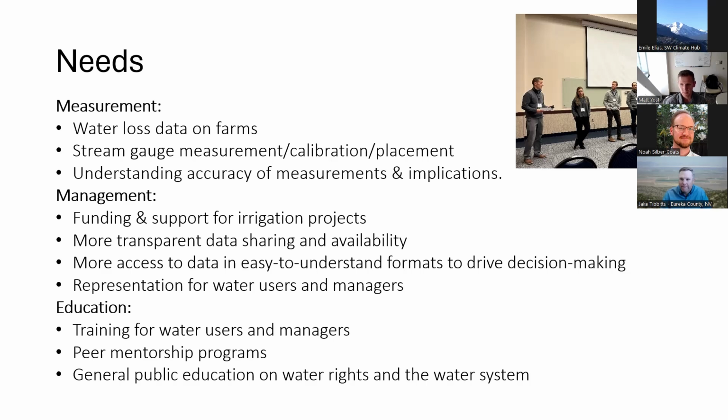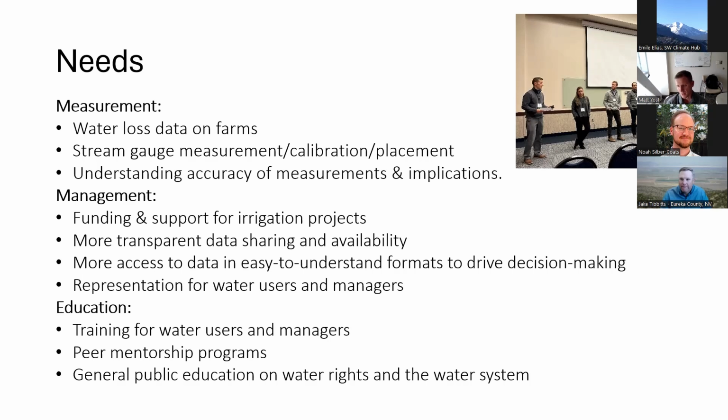When it comes to management, a few of the needs we heard was just the need for funding and support for irrigation projects, improvements, both on the farm field and also in our conveyance systems. More transparent data sharing and availability, that's a big one that keeps coming up a lot. Many are hesitant to share that water use data.